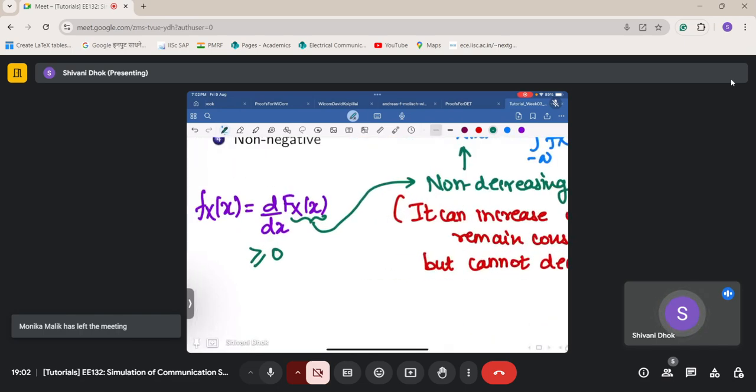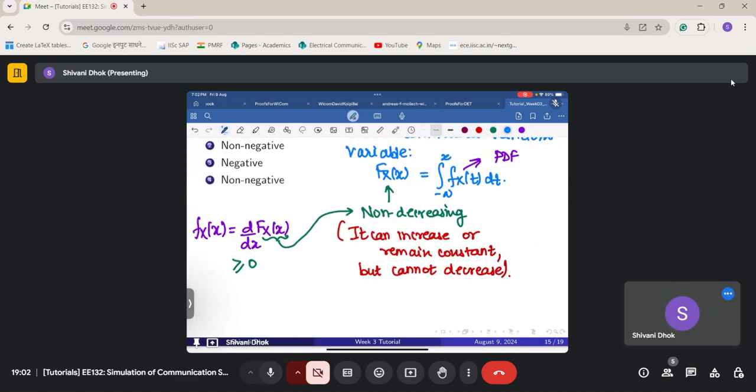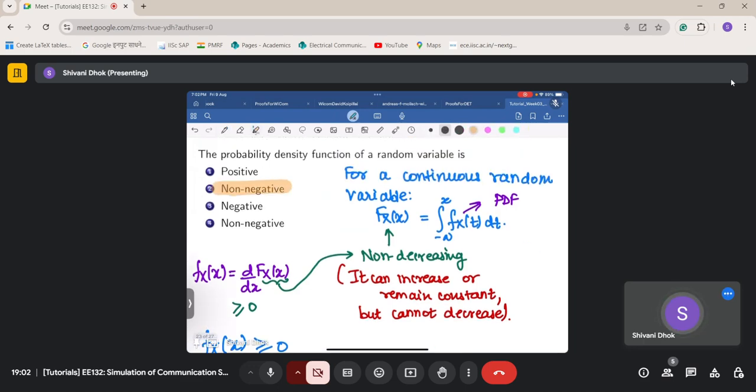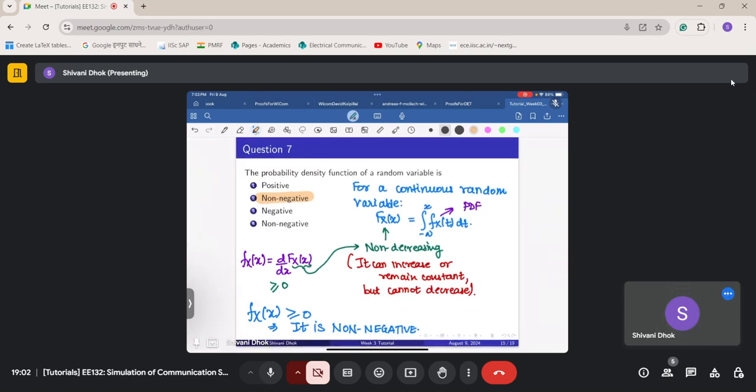So what it means is my fx of x is greater than or equal to 0, which means that it cannot be negative, or it is non-negative. So the correct option is non-negative. It's not just positive, it can be non-negative also, because it can take the value 0 also. Any questions here?